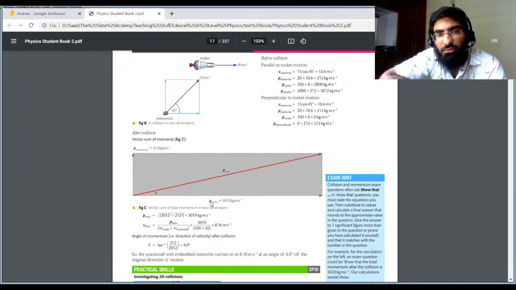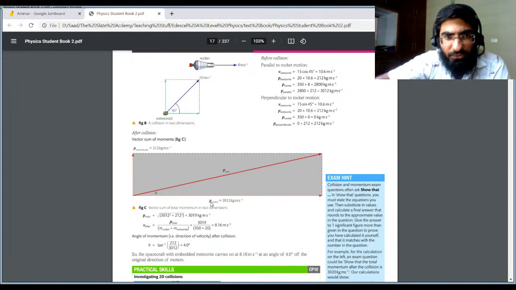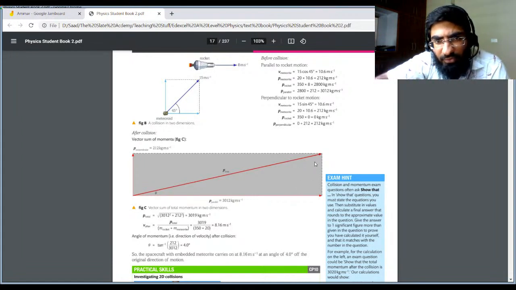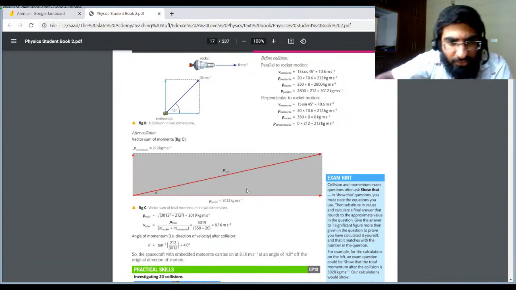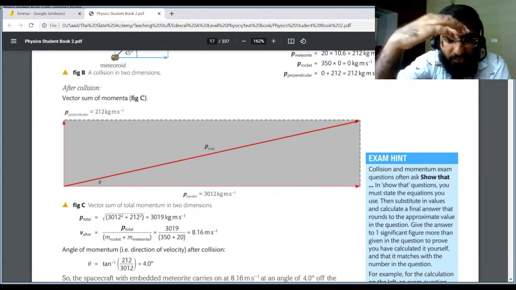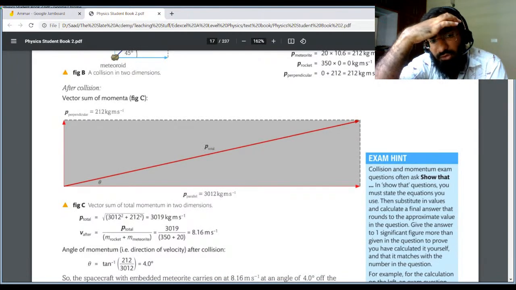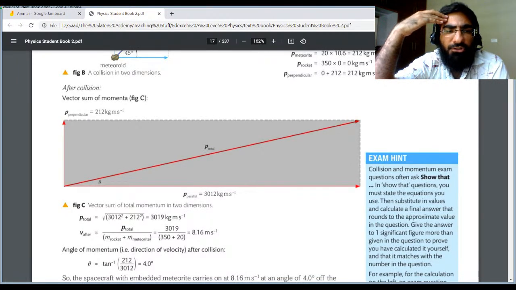And how did they come to that formula? Which formula? Which P one? Total momentum divided by mass of rocket plus mass of meteor. Okay, total velocity is what?